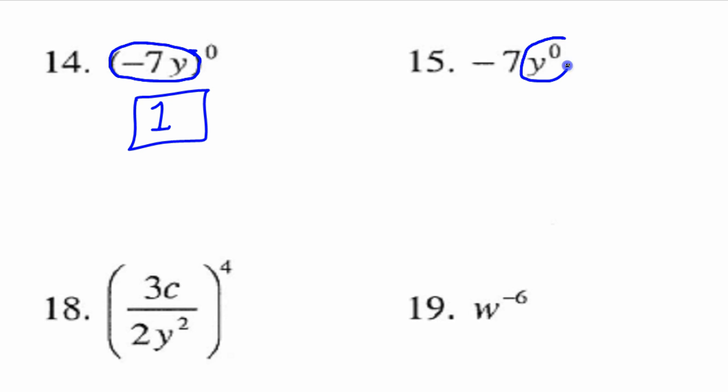So y to the 0 power is 1. So then it's like I have negative 7 times 1, which is negative 7. Okay, but the bottom line is, without the parentheses, like this one has, that power of 0 only applies to the y, not the negative 7.